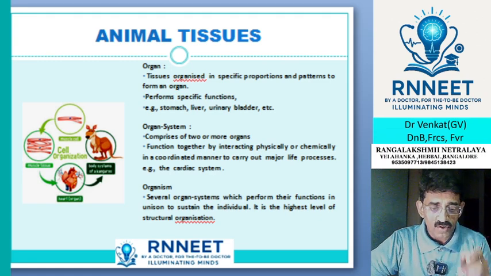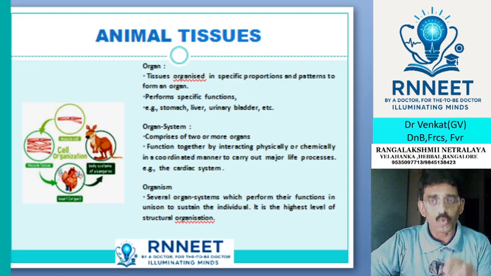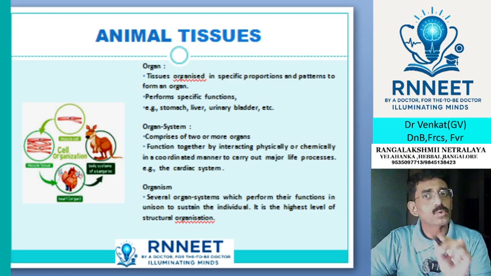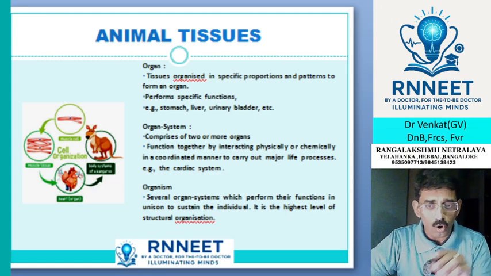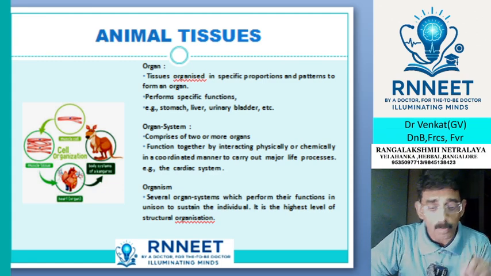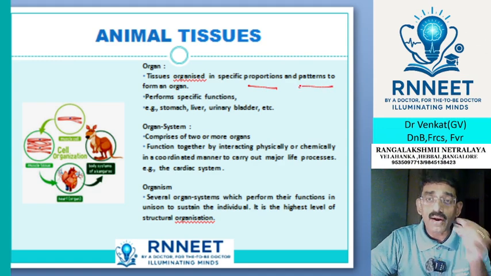Now if multiple tissues are organized together in a specific proportion, which means you have A tissue, B tissue, C tissue, three types of tissues, all organized together in a specific proportion and pattern. There will be a pattern to it.